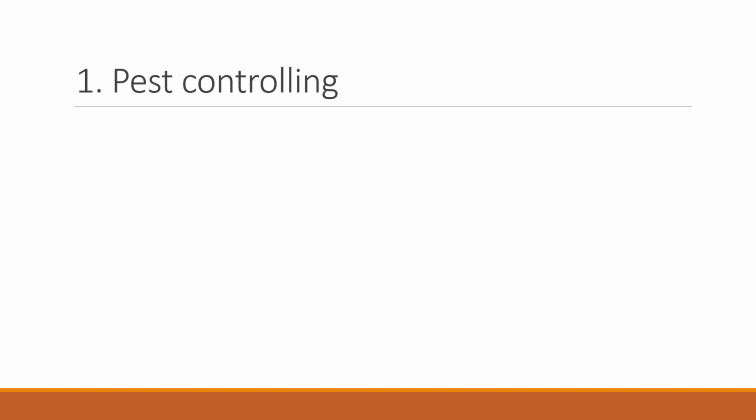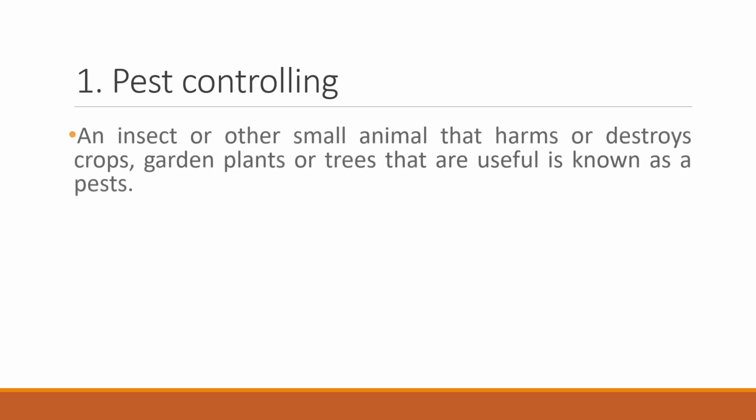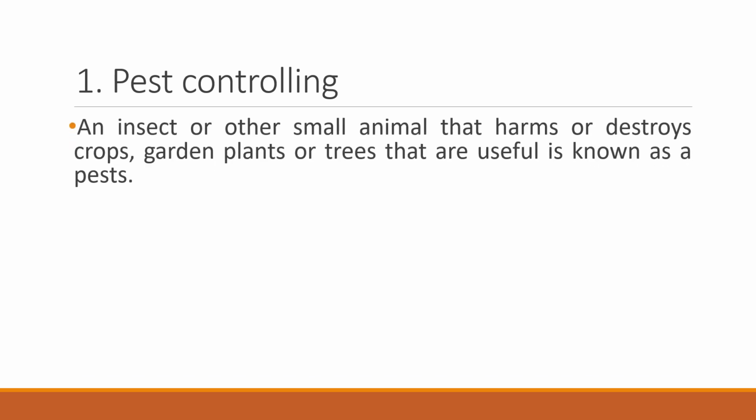We'll see how the knowledge of the life cycle helps in pest control. First we'll see who a pest is. A pest is an insect which harms the crops we grow. Usually we grow crops to obtain food. But there are some organisms or insects which harm these crops.